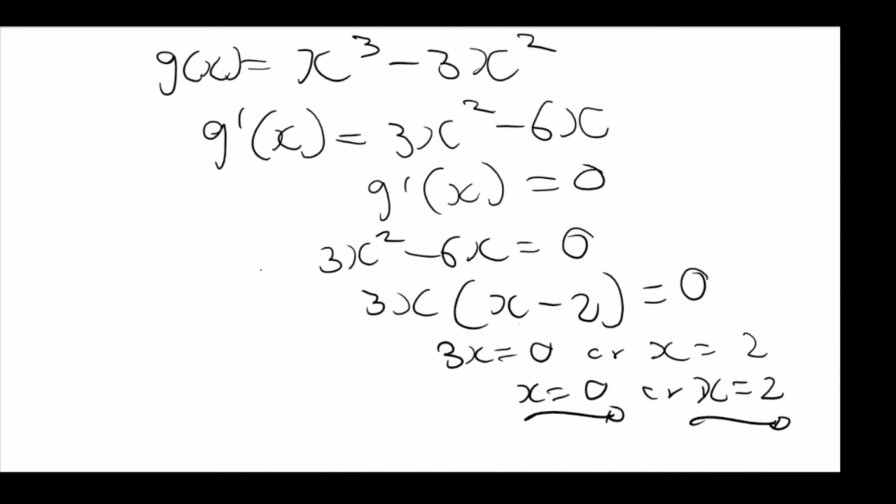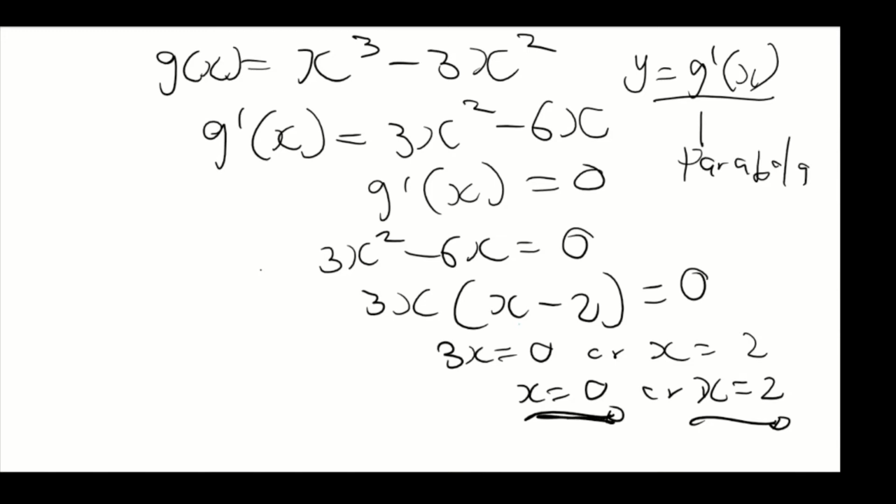So we have to identify whether or not they are at a point of minimum or maximum, right? For the graph of y equal to g prime of x, which is a parabola. So what we're going to do is substitute these values, x equals 0 and x equals 2, into the graph of g prime of x to find the y values.